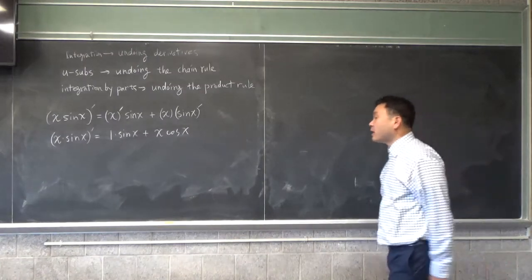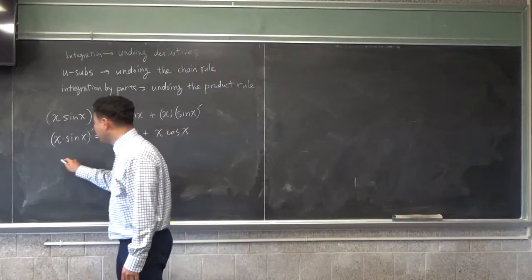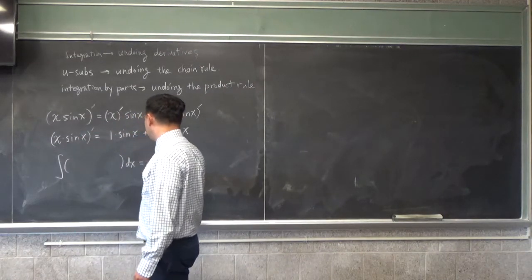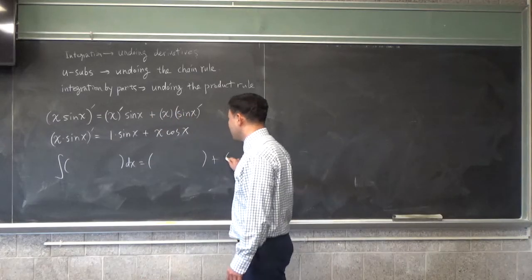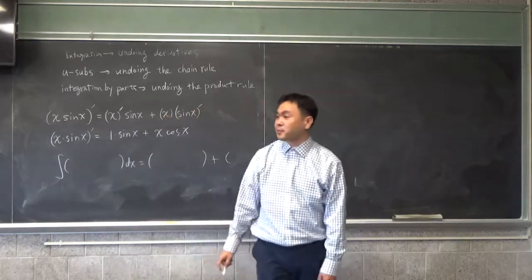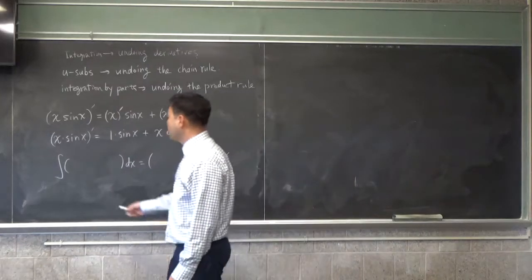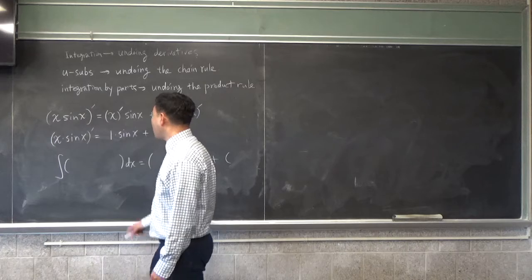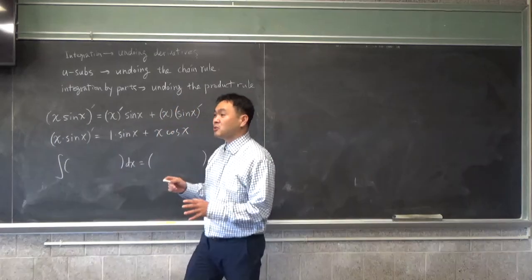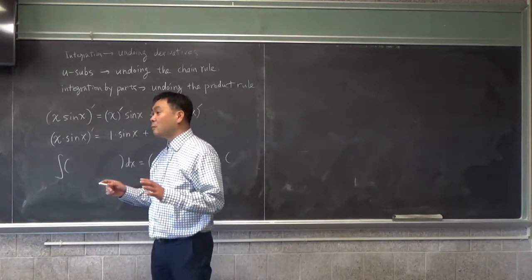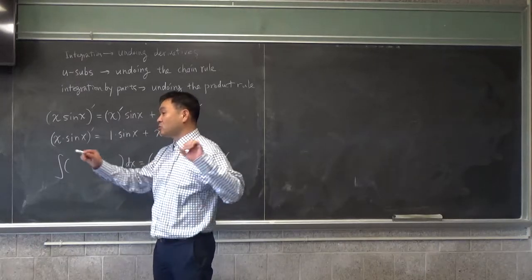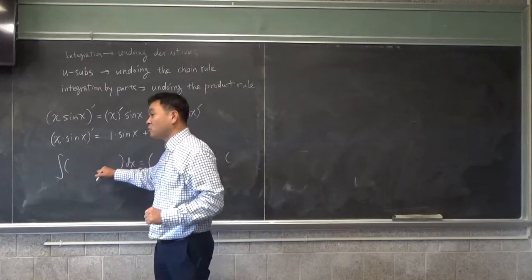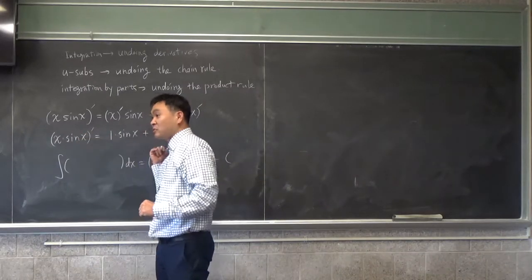Let's try to find the corresponding integral statement then. So integral of what is what plus c. What goes in the left side? The integral of cosine x is sine x. How do you turn a differentiation statement into an integral statement? They're opposites, right? You just flip it around. So what was the answer now becomes the question, and what was the question now becomes the answer.